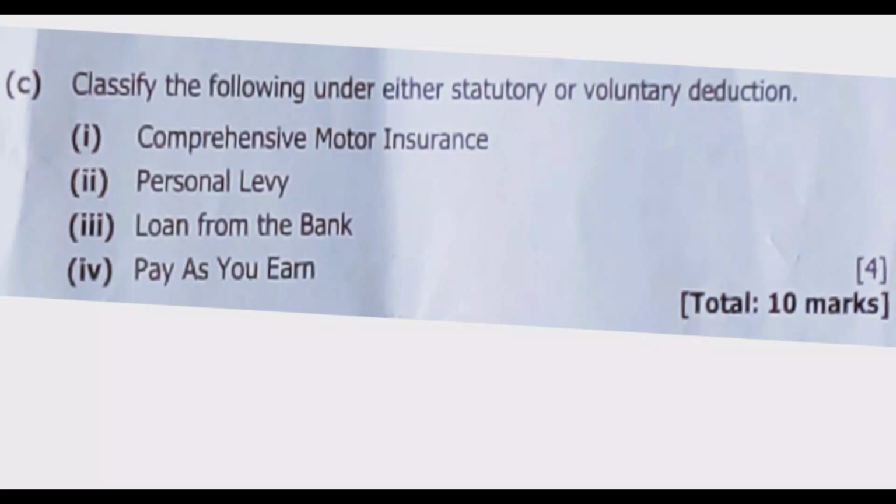Question 1C is as follows. Classify the following under either statutory or voluntary deductions. Number 1, comprehensive motor insurance.